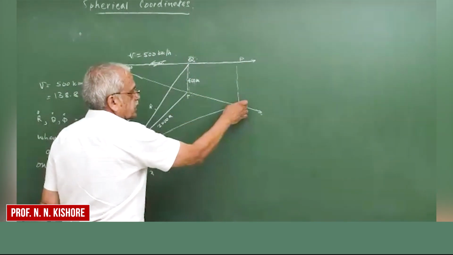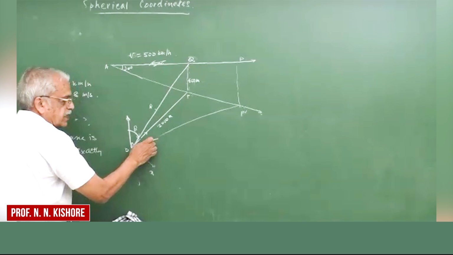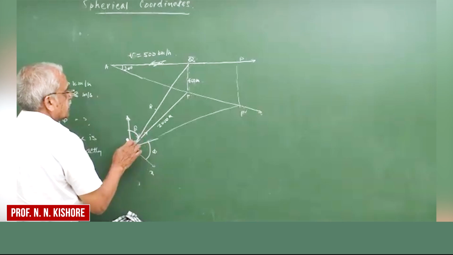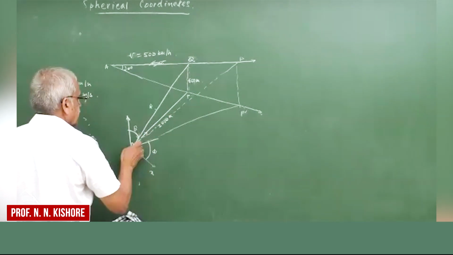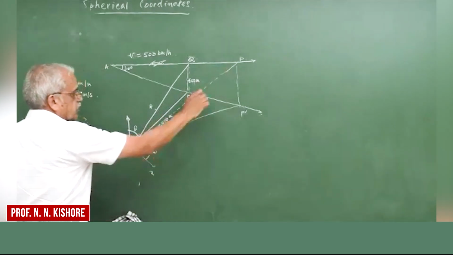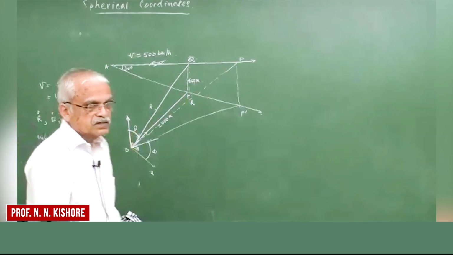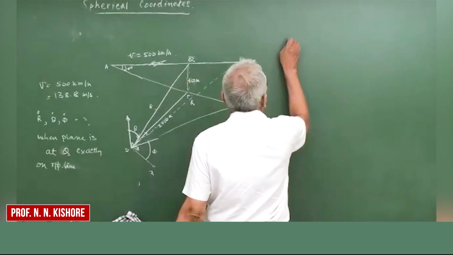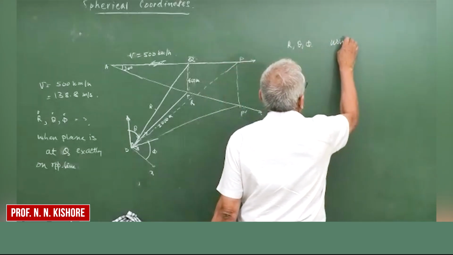If you take its projection on the ground and join it to the origin, the angle between the x-axis and that projection line is phi. And theta is the angle between the vertical and the vector r. So this is the usual theta; r, theta, phi are our usual coordinates.